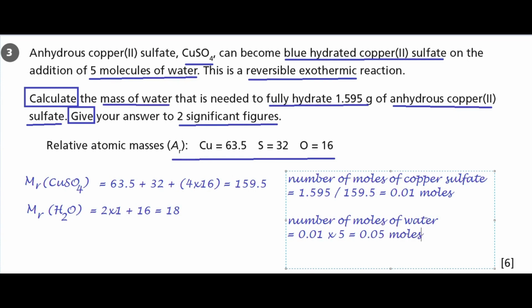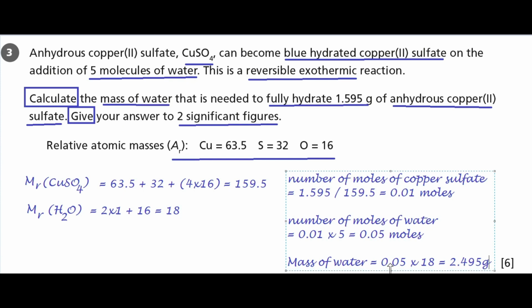Now, a lot of students would stop at this point, but remember, we need to calculate the mass of water. So the mass of water will equal 0.05 moles times the relative formula mass of water. And that will give you an answer of 2.495 grams. And again, a lot of people will stop there.